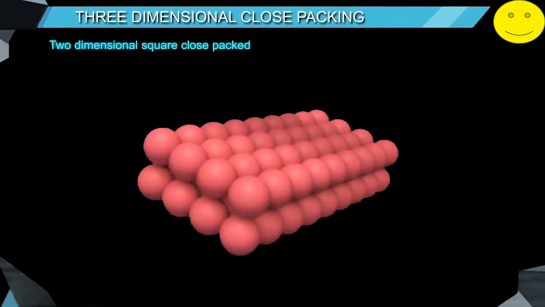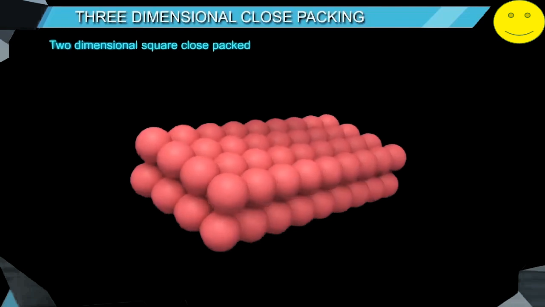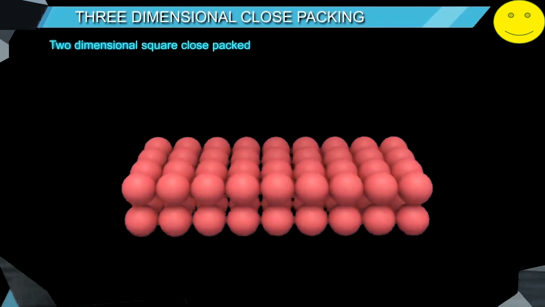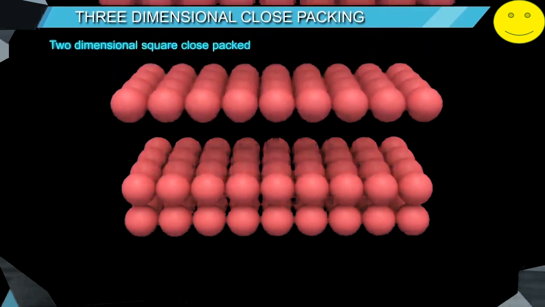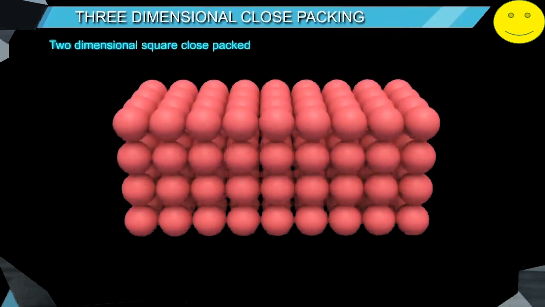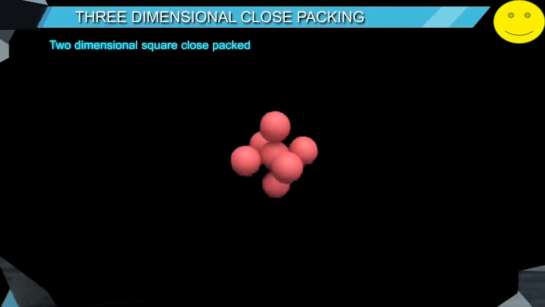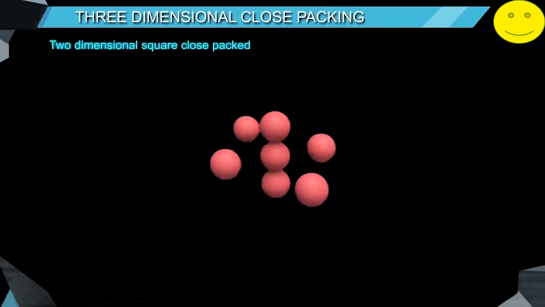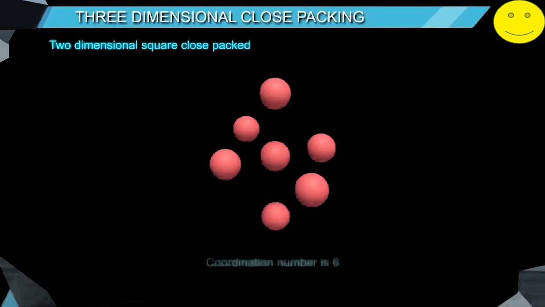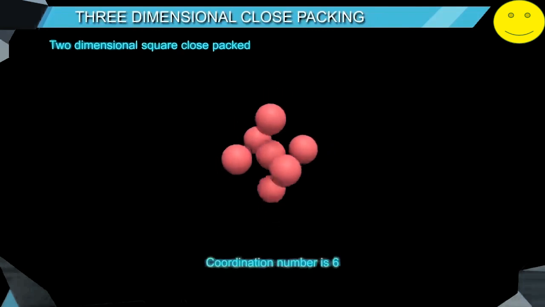On arranging the layers one after the other in this pattern, we will observe that each sphere is in contact with 6 other spheres: 4 from the same layer, 1 from the layer above, and 1 from the layer below that sphere, so the coordination number is 6.